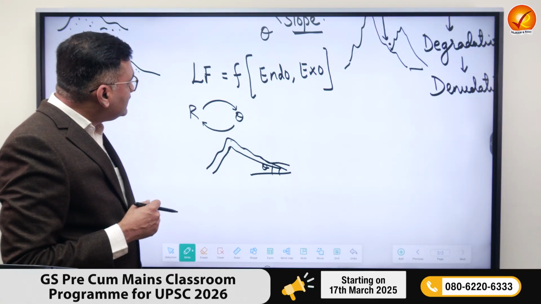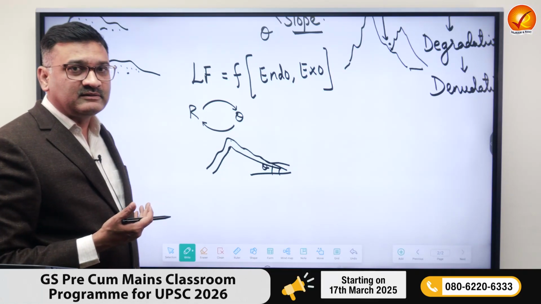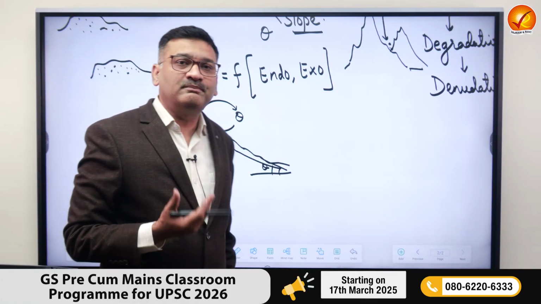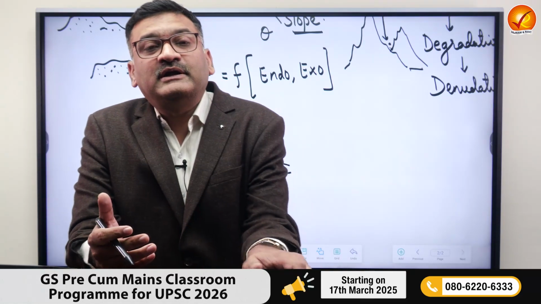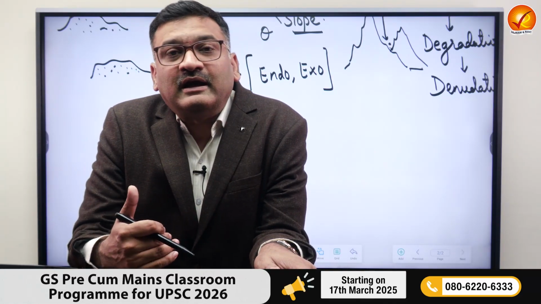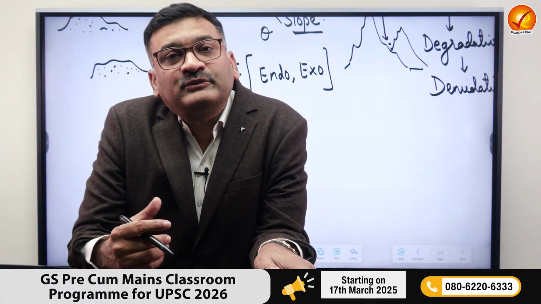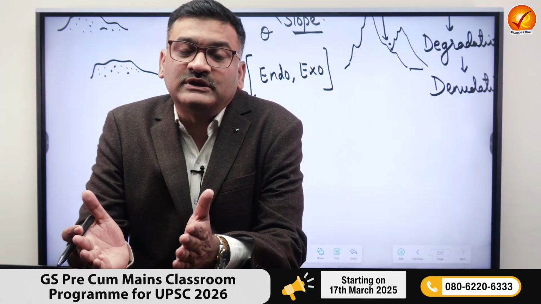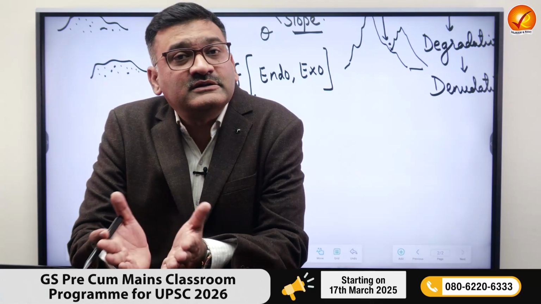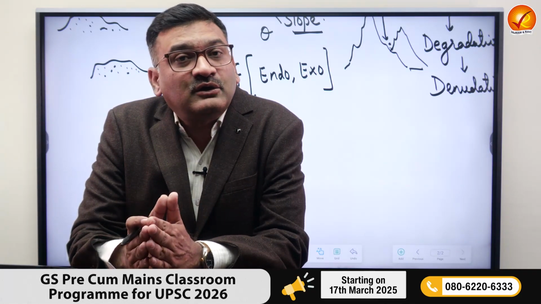Now, what is the complexity? We are saying that landforms are complex. Complexity of landform means the evolution of any landform is complex, and second, no two landforms are identical. Suppose two landforms are present in the same region, but they are still not identical.